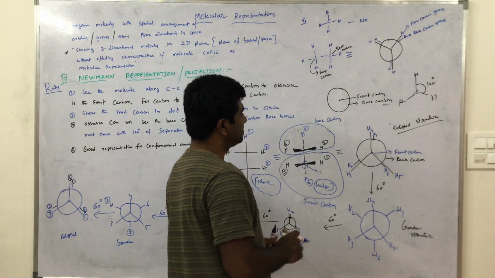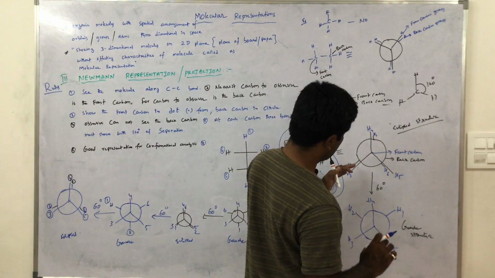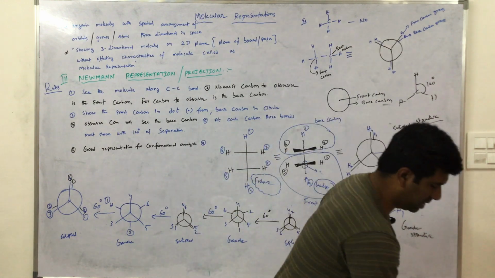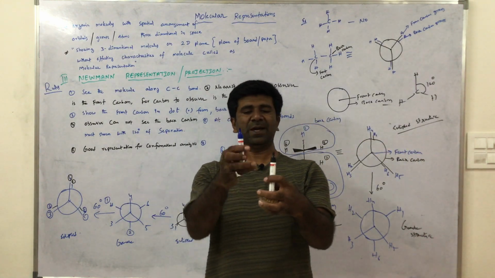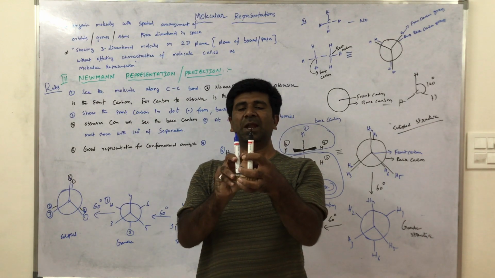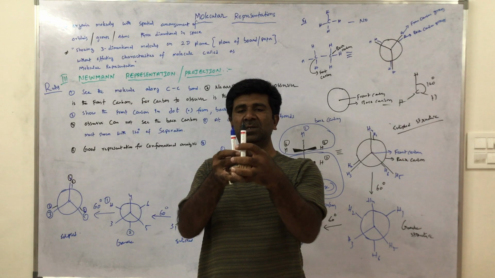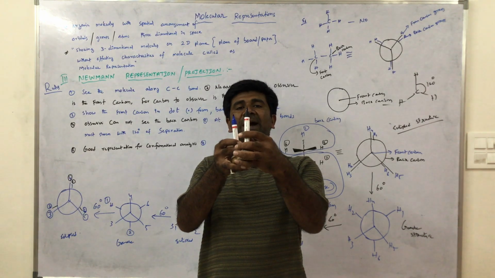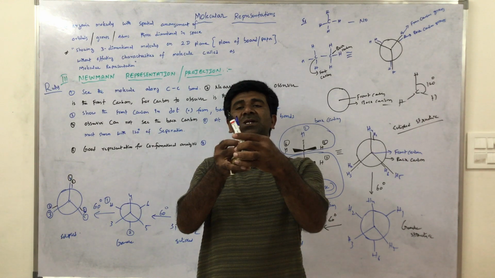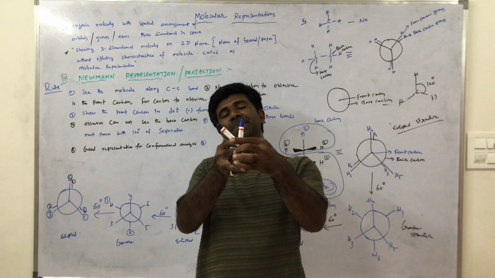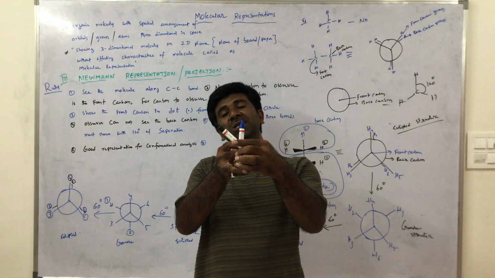Now what happens: the front carbon is fixed in the same position, and the back carbon rotates 60 degrees. Front carbon common, back carbon rotates 60 degrees.